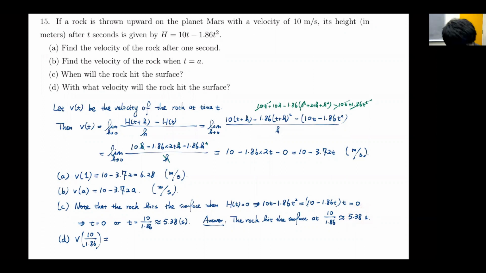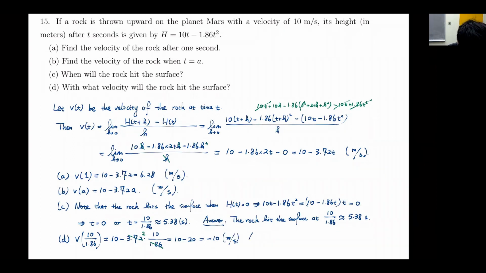Instead, you plug in the fraction, and you will see it's much easier to compute, because this is precisely 10 minus 3.72 times 10 divided by 1.86. These cancel out with the factor 2, so what I'm getting is 10 minus 20. The answer will be minus 10 meters per second.